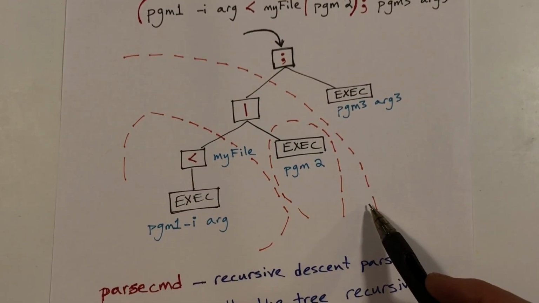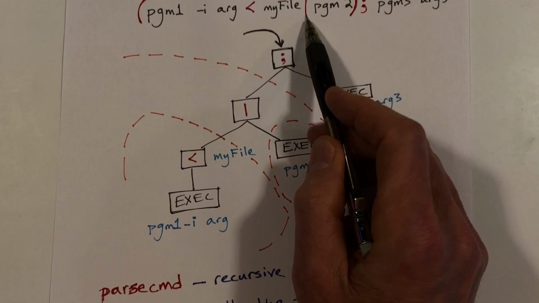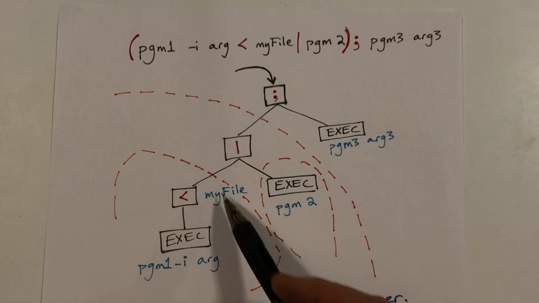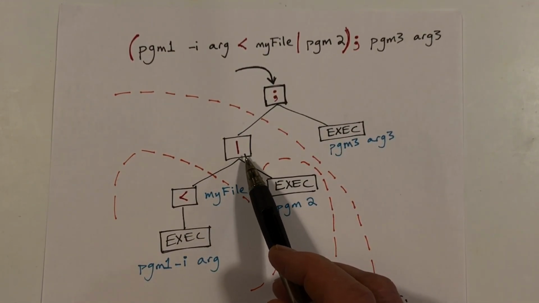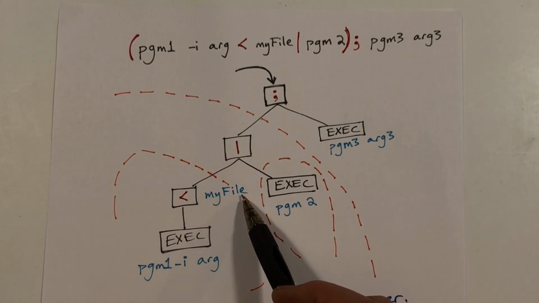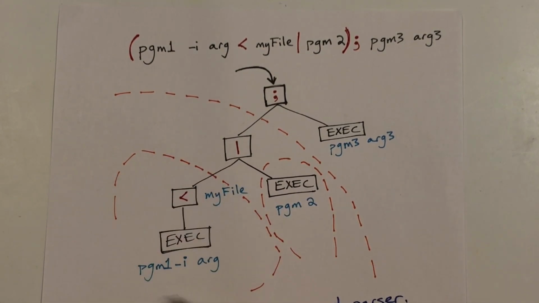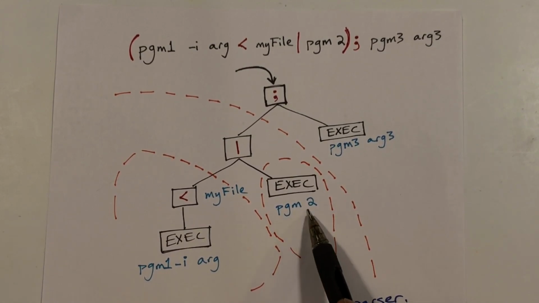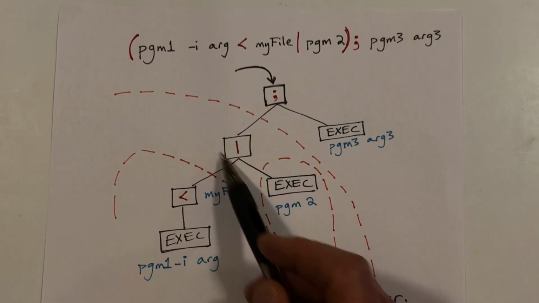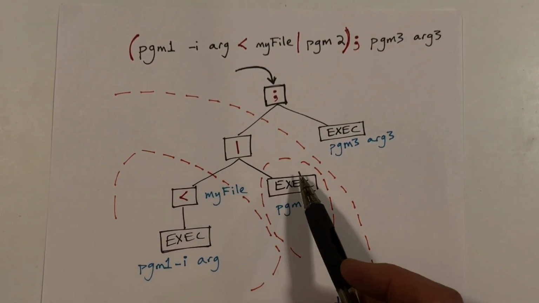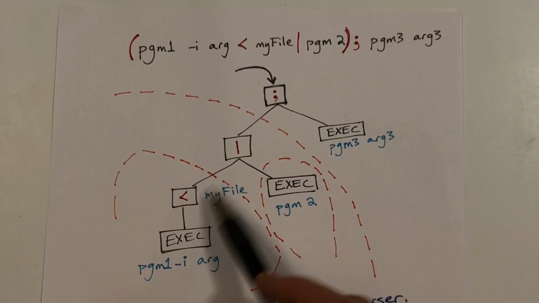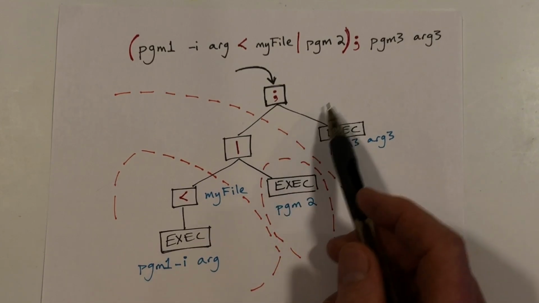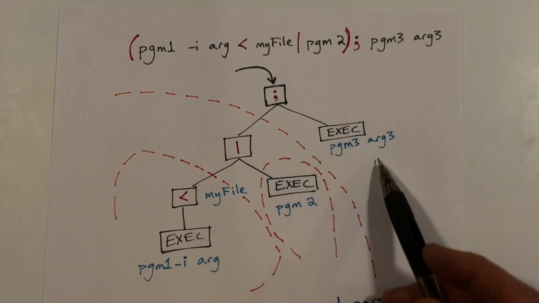Within that child process, you see at the root a pipe. So the child process will create 2 child processes. The first child process will be executing program 1, and the other child process will be executing program 2. The process that does the pipe will wait for both of those to finish, and then it will itself terminate, allowing program 3 to proceed.